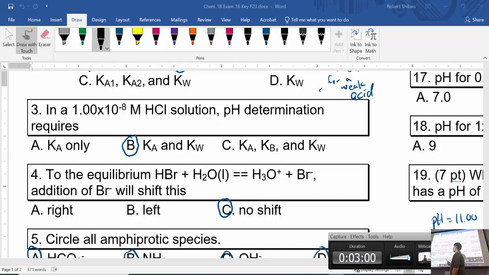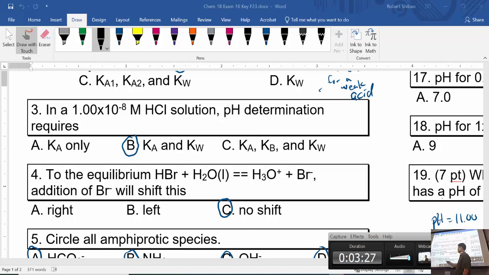But 10 to the minus 8 molar is very small. And since it's very small, we have to consider Kw too. And so this is the example we did in class. Do you recognize it? You should know how to do that calculation in class. Like all the calculations we do in class, you should know how to do it because even then, a lot of people will say the pH is 8. pH can't be 8 in an acid solution.